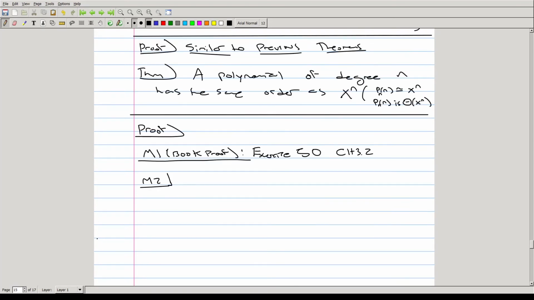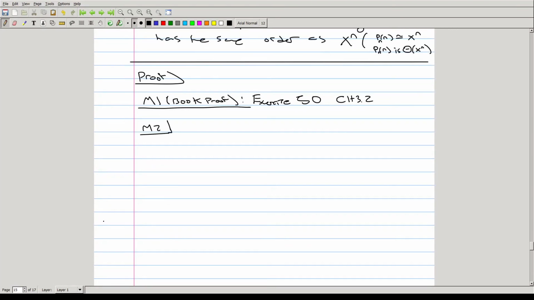So the easier way to prove this theorem is to use the theorems that we've already shown.